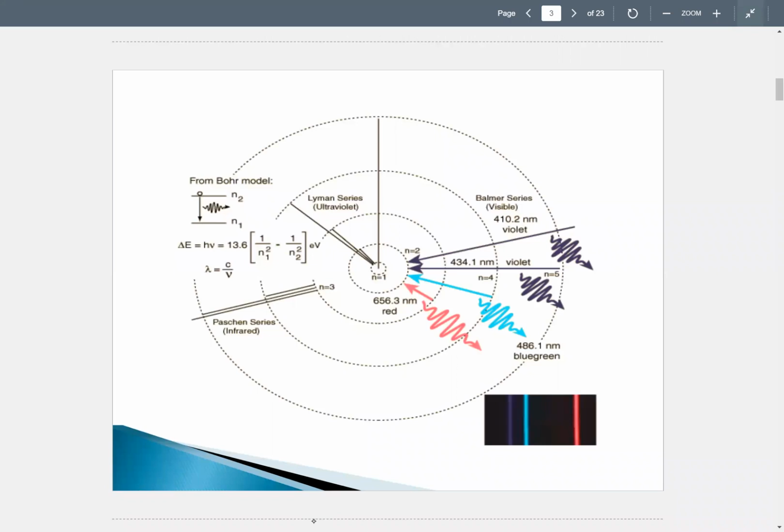And he explained Einstein's photoelectric effect as the distance between these orbits being an actual energy difference. And so when an electron moves between the orbits, it has to gain or lose energy.